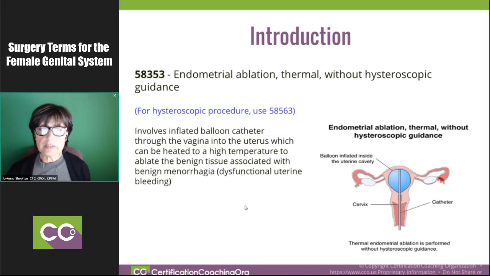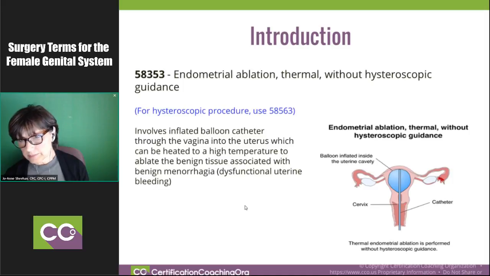And this involves an inflated balloon catheter through the vagina into the uterus, which can be heated to a high temperature to ablate the benign tissue associated with benign menorrhagia, and that's dysfunctional uterine bleeding, a very, very common problem with women. And this is a diagram of an endometrial ablation, thermal, without the hysteroscopic guidance.